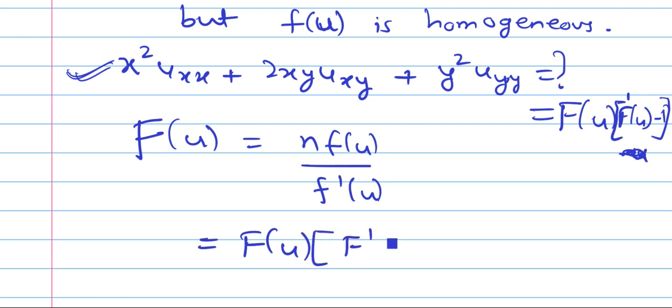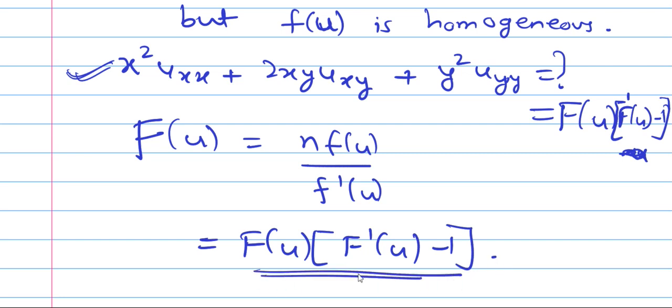You are supposed to remember this. For the second derivative, if f of u is a homogeneous function, then the formula is capital F of u times (capital F dash u minus 1), where capital F of u is n f of u upon f dash u.